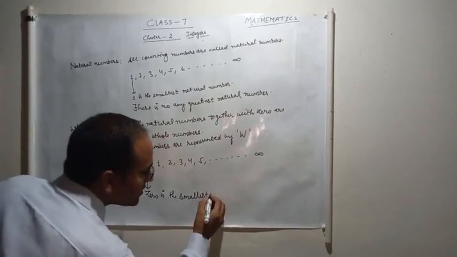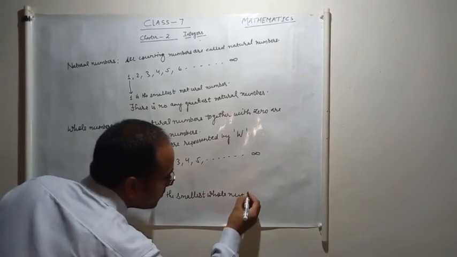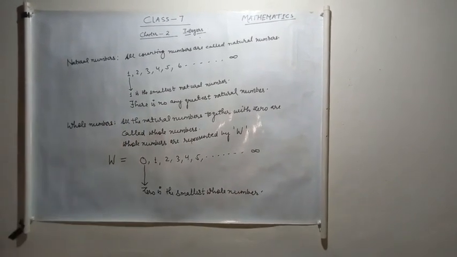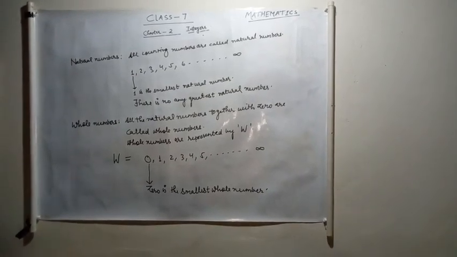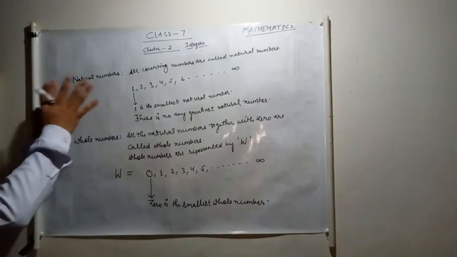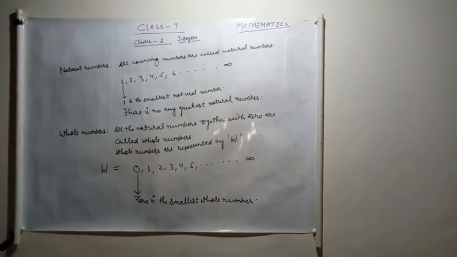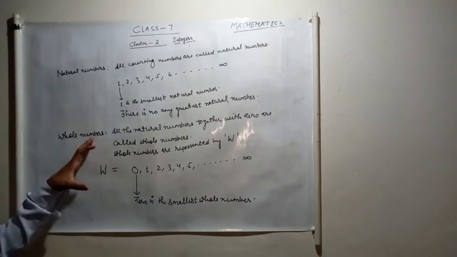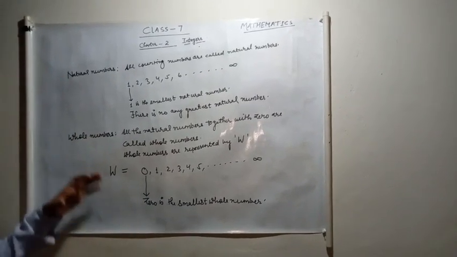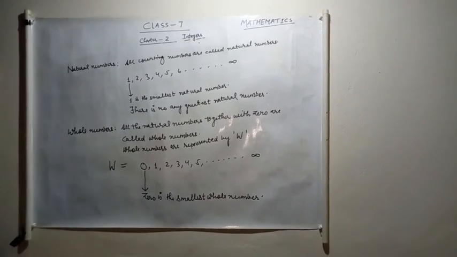There is no largest whole number, and every natural number is a whole number. Then with these natural numbers and whole numbers, I'm going to start our topic, integers.